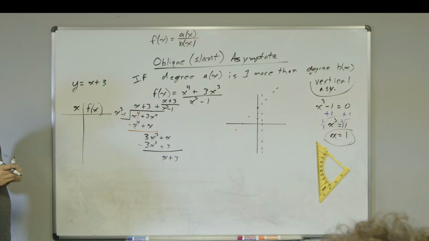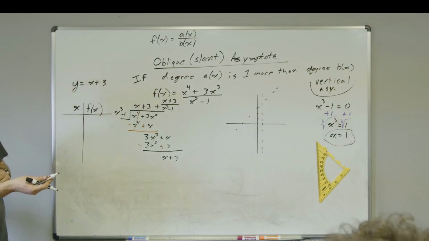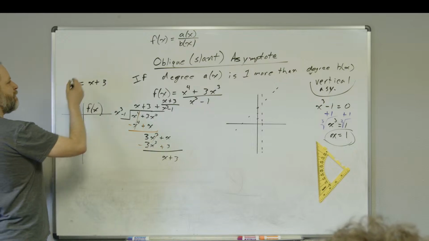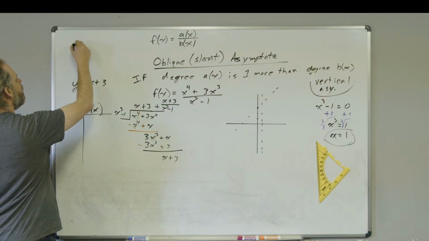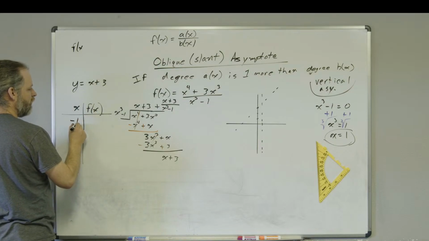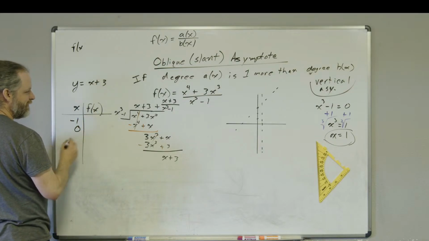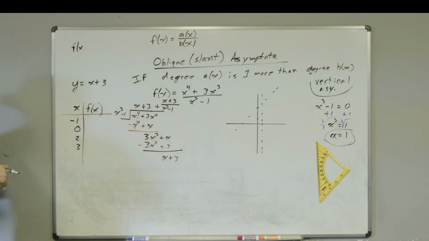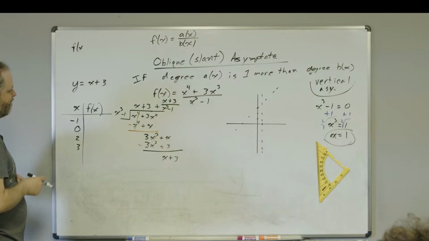Not 1. We should pick ones to the left of 1, to the right of 1, right? How about -1, 0, 2, 3. Look, I did it in order.